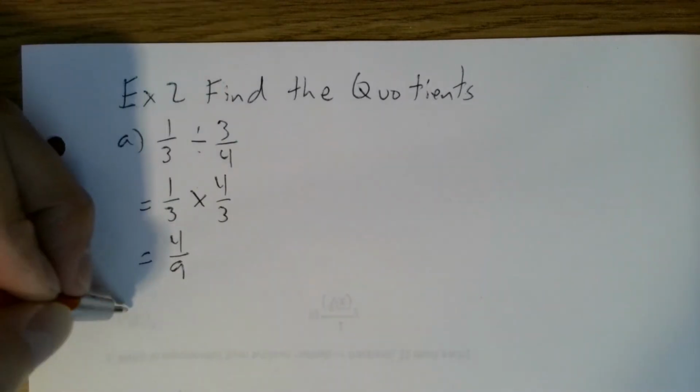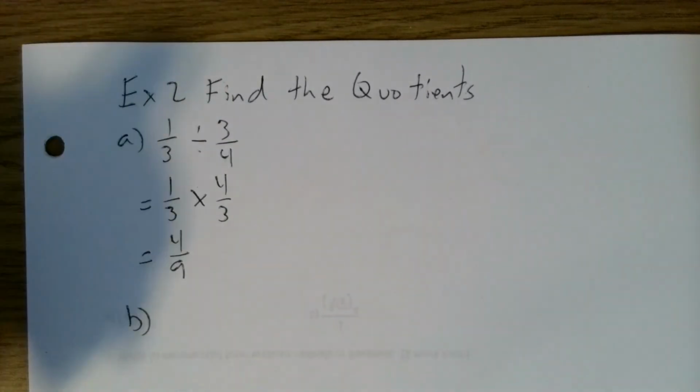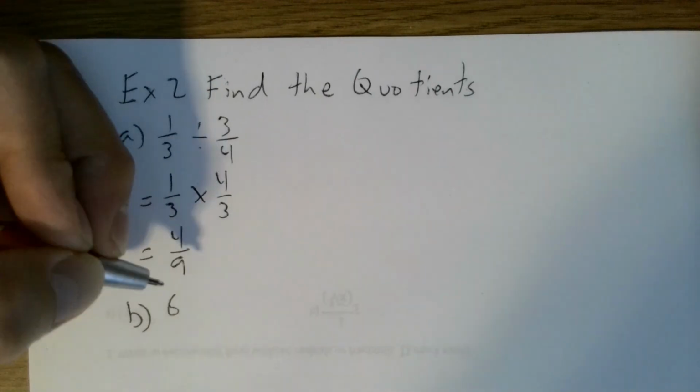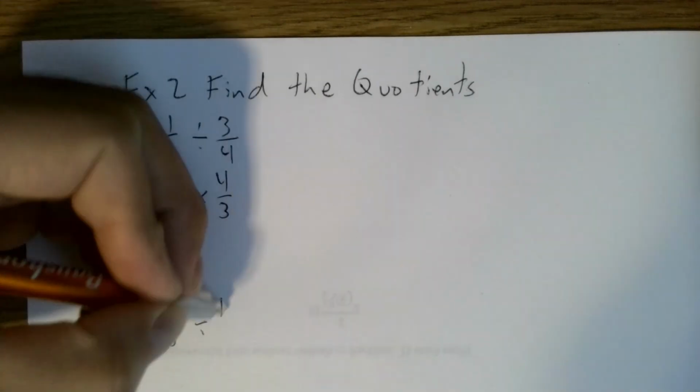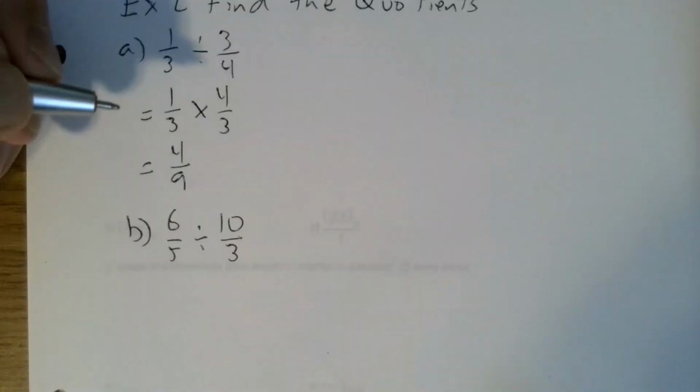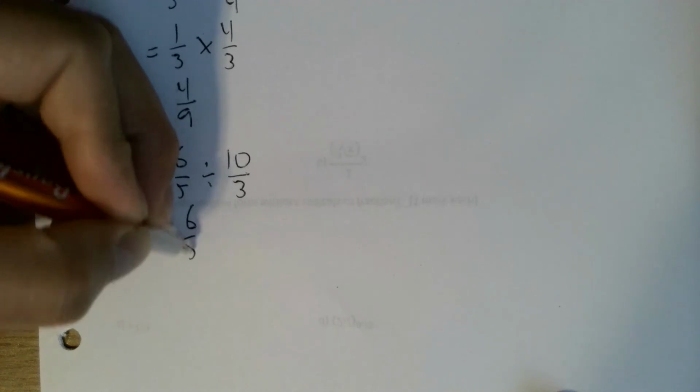Okay, let's have a look at the next one. B. We've got 6/5 divided by 10/3. I can get the same answer by going 6/5 times 3/10.